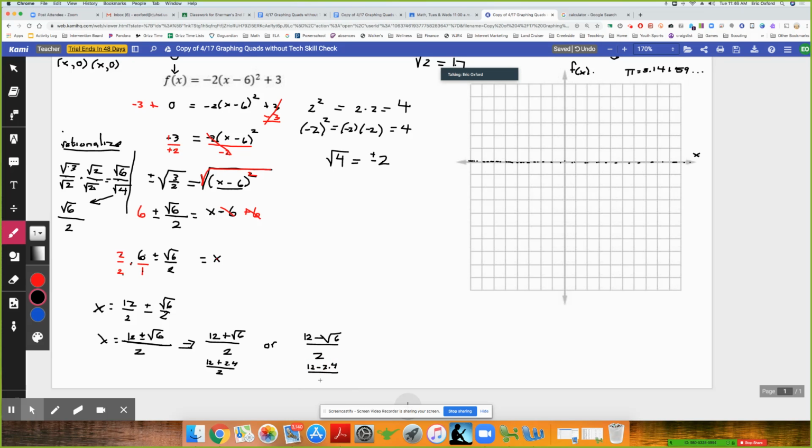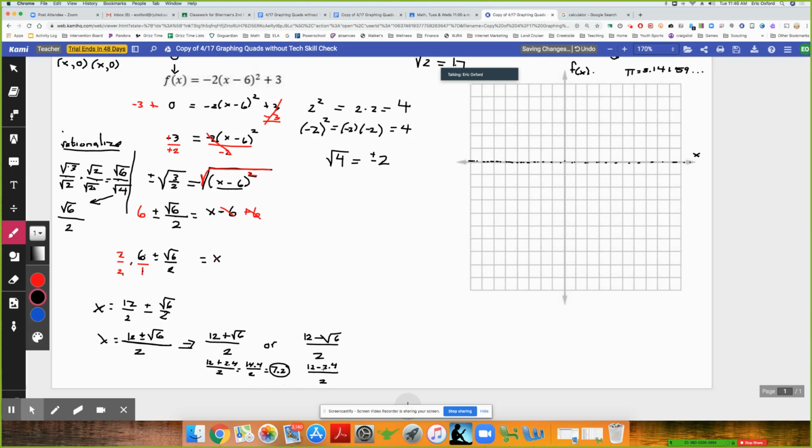over 2. So if I were to do 12 plus 2.4, that would be 14.4 over 2, which I can do in my head. That's 7.2. That's one of my zeros right there. Okay.